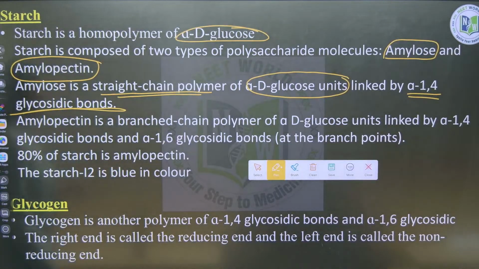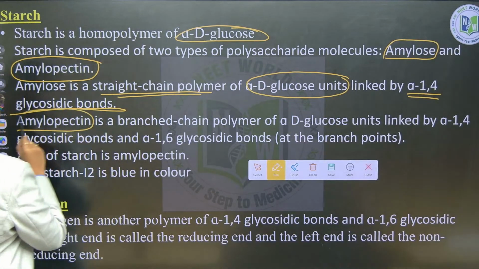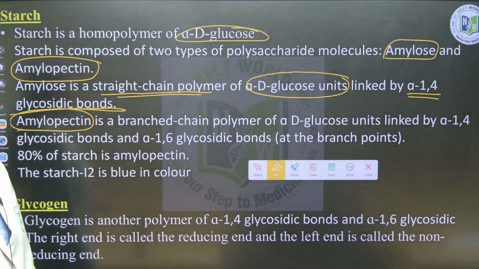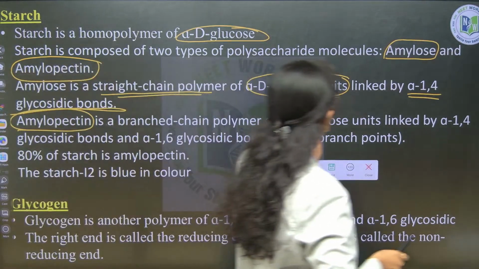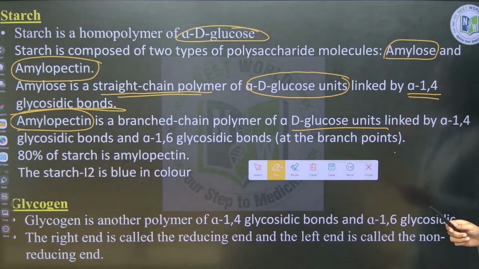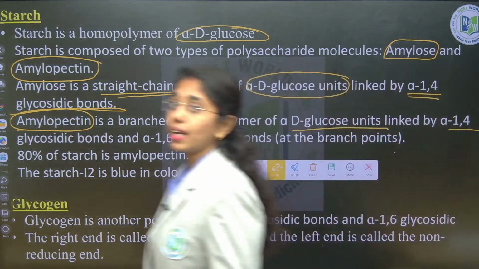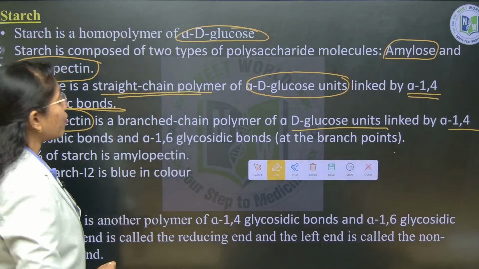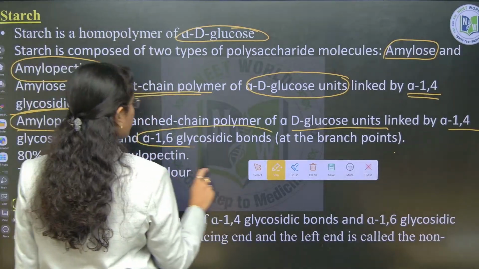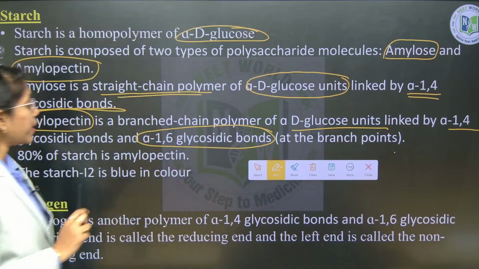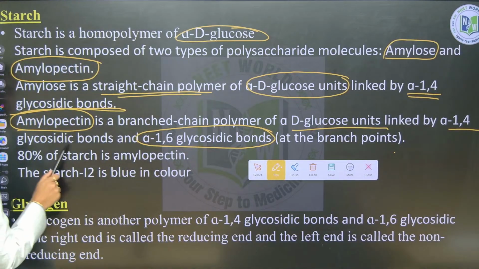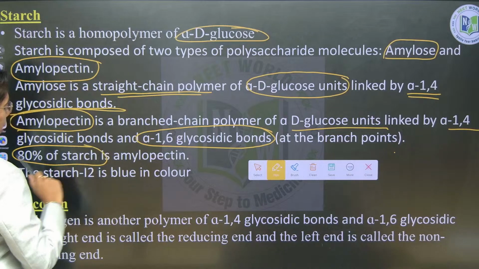bonds. Amylopectin is again a branched chain polymer of alpha D glucose units which consists of two types of bonds: alpha 1,4 glycosidic linkage and alpha 1,6 glycosidic linkages. And 80% of starch is amylopectin itself.